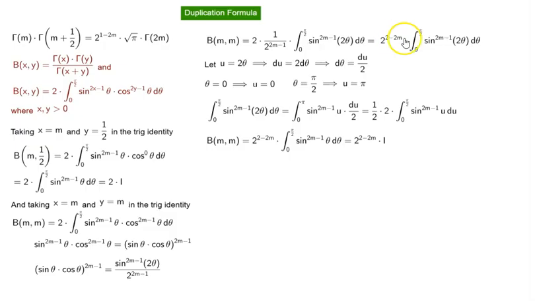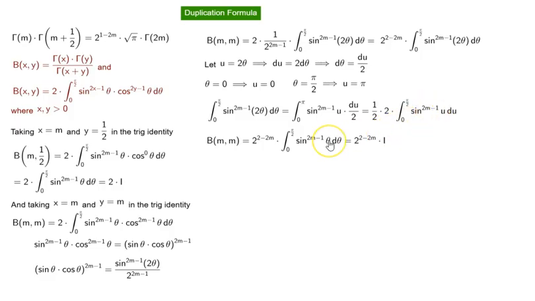So plugging it back in this, we get beta of m comma m is equal to 2 to the power of 2 minus 2m times the integral from 0 to pi by 2 of, 2 cancels, sine to the power of 2m minus 1 theta d theta. So here instead of u, we are writing theta because in definite integrals, the variable of integration doesn't matter what it is.